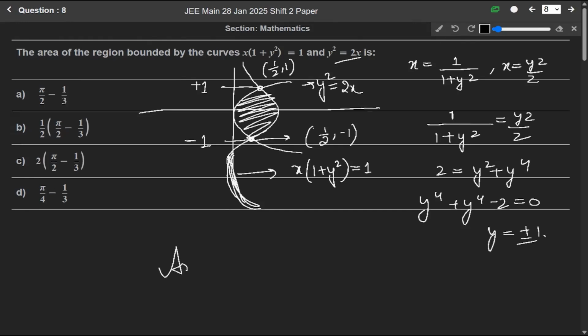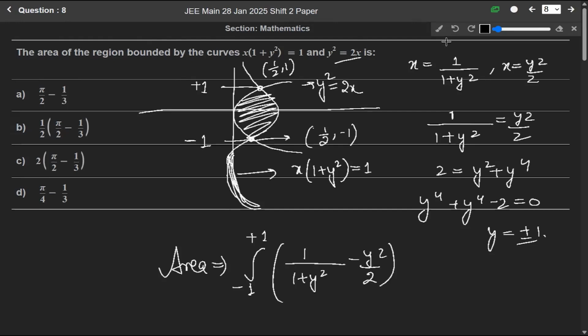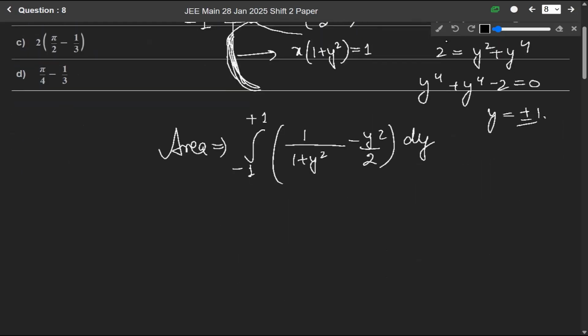So the area will be equals to, when we take limits minus 1 to plus 1, the integral of 1 over 1 plus y square minus y square over 2 dy. When we solve it, we get tan inverse y minus y cube over 6, with limits from minus 1 to plus 1.